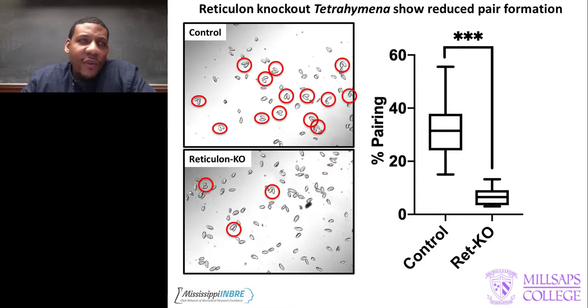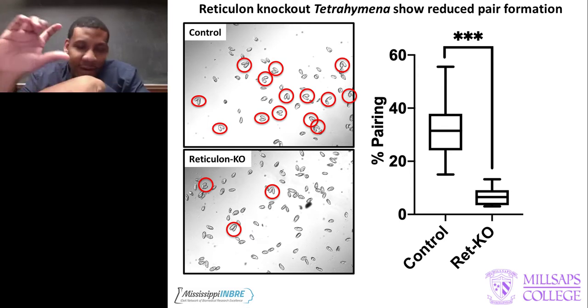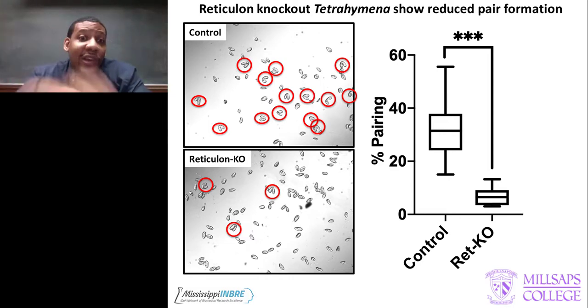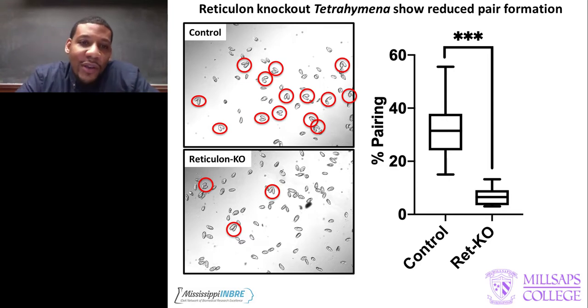So what we wanted to look at with regards to the knockout was, if reticulon is at the conjugation junction, and we're arguing that you need ER tubulation to lead to lipid exchange to facilitate the fusion that mediates mating, what the effect of knocking out reticulon was on the formation of these pairs that are required to form during conjugation, right?